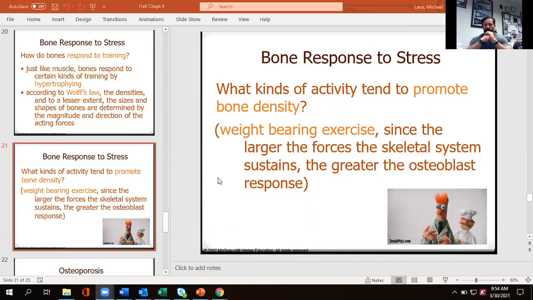Now, with that being said, if we're thinking about bodyweight exercises, what type of bodyweight exercise do you think is probably going to help increase bone mineral density? Absolutely, plyometrics, because we're dealing with great forces on the takeoff and landing.